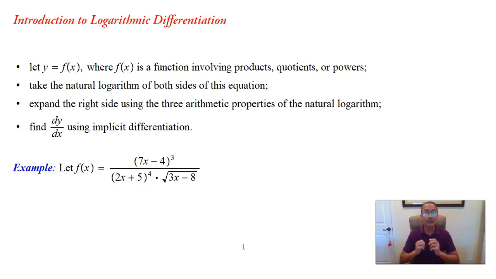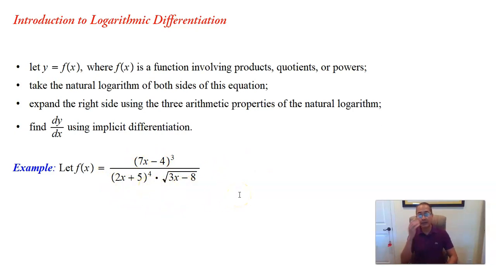It is suited when your function involves products, quotients, or powers. Remember, we had corresponding rules for these for the logarithm. We don't have a rule for sums or differences. In this case, I'm giving you a function which has a quotient and a product and powers.